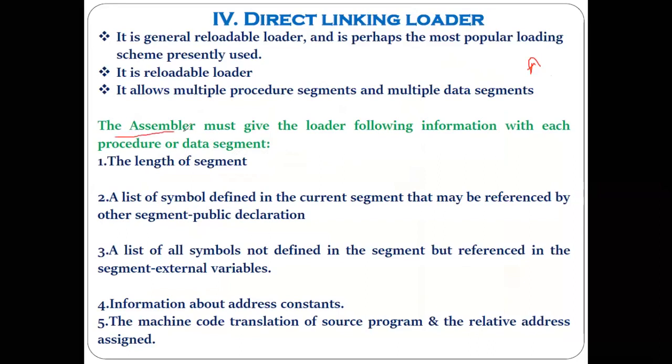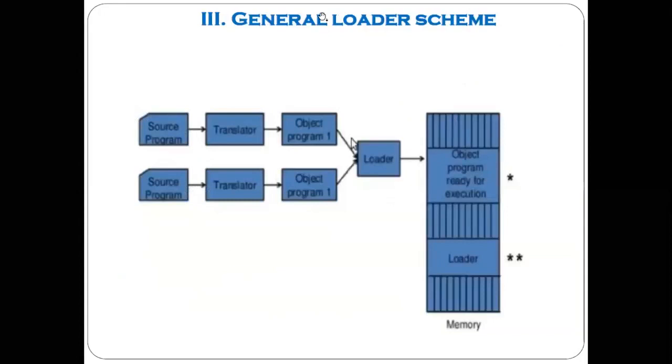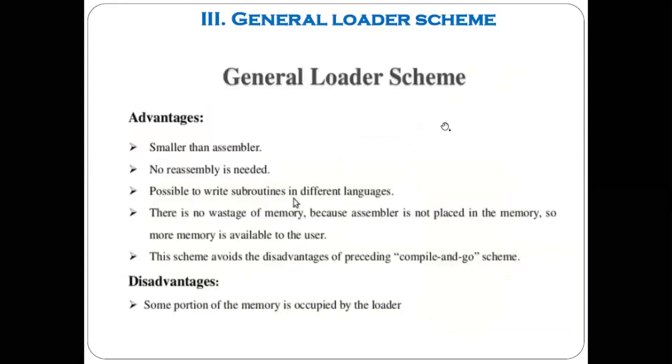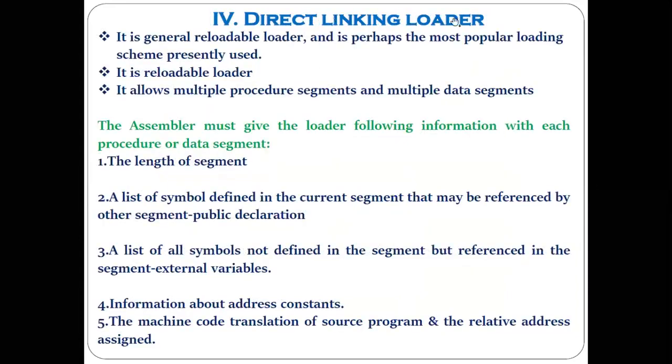Here I have mentioned that the assembler, or translator, must give the loader the following information. You must keep this structure in mind while we are discussing the point. The translator must give different information to the loader. The assembler must give the loader the following information regarding different procedures or the different data that we have utilized in the program.